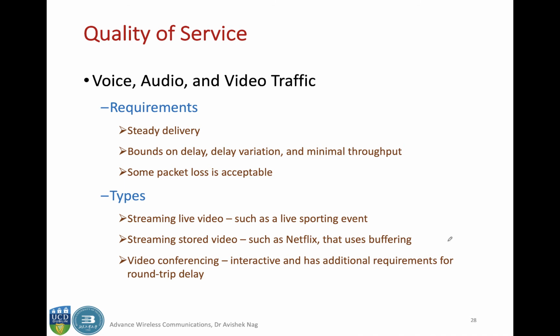So the requirement for quality of service for voice traffic can be lower than the requirement for video traffic. Depending on the types, the requirements vary, and the quality of service also varies.